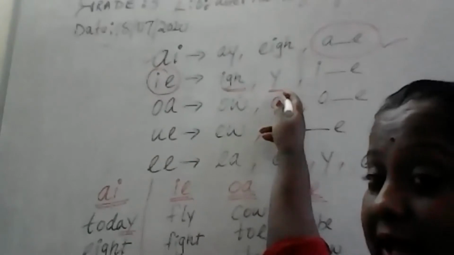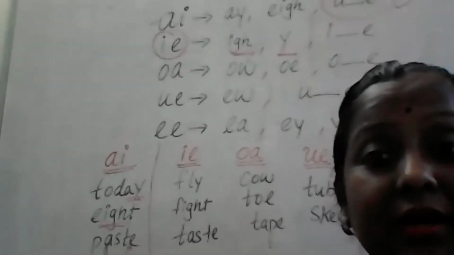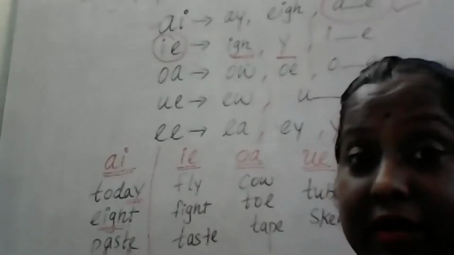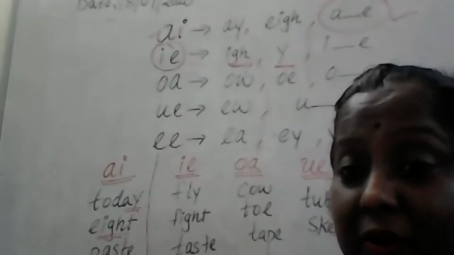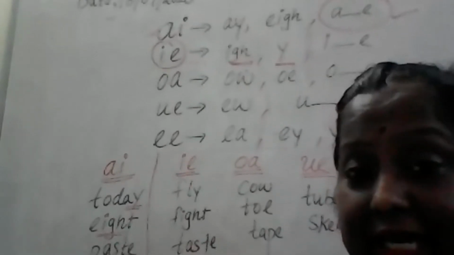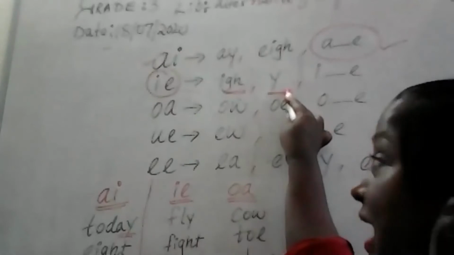Y. Letter Y, we call this a vowel also. Whenever it comes last in any word, it makes a sound of I or E. So we call this a vowel, and you can say this now sounds as I. Now again here it is magic.